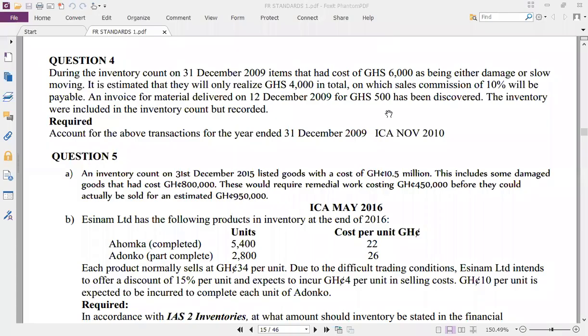It says an inventory count on 31st December 2015 listed goods with a cost of 10.5 million. This includes damaged goods that had a cost of 800, which would require remedial work costing 450 before they could actually be sold for an estimated 950,000.